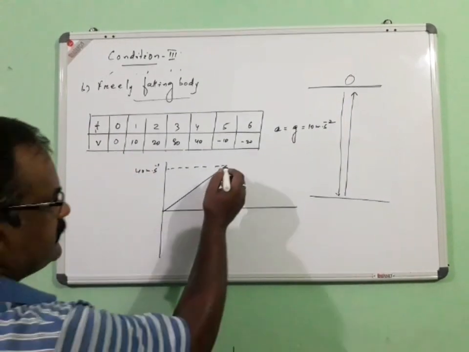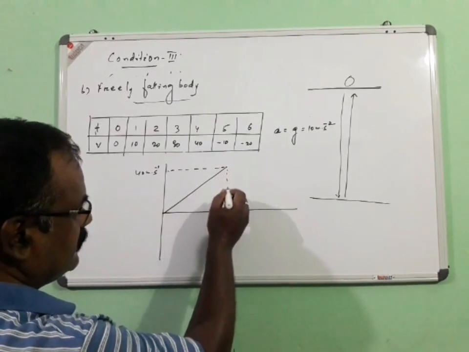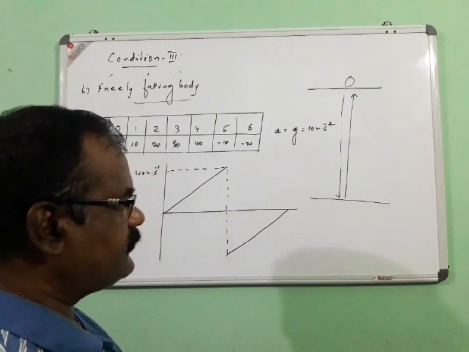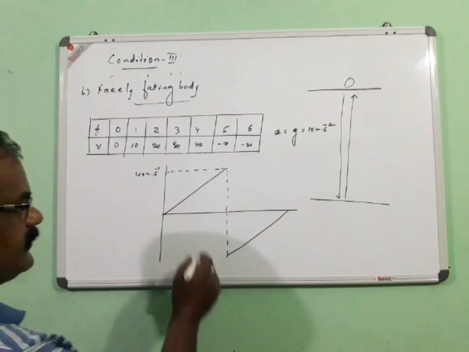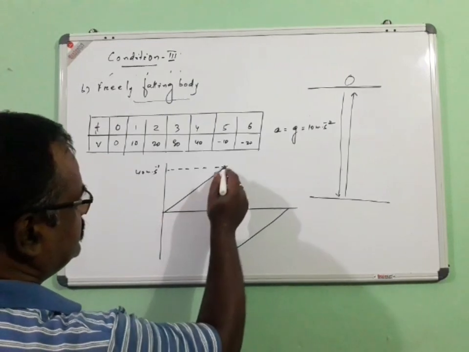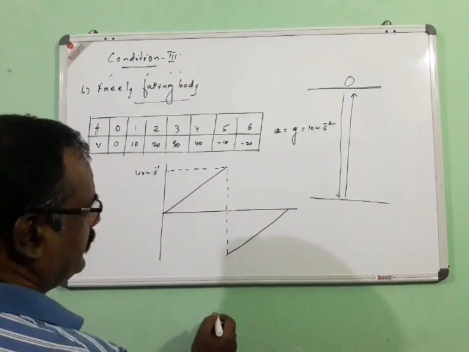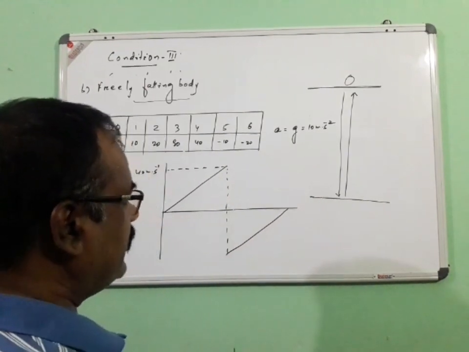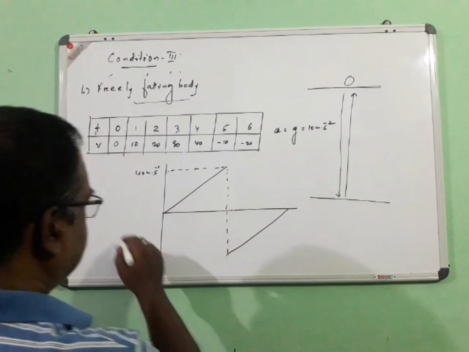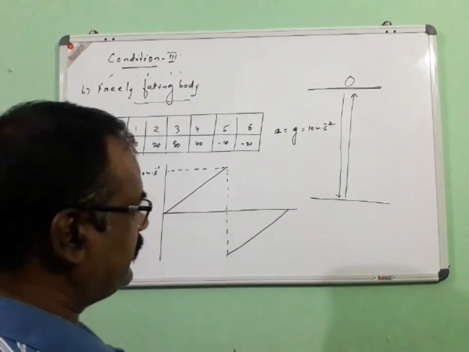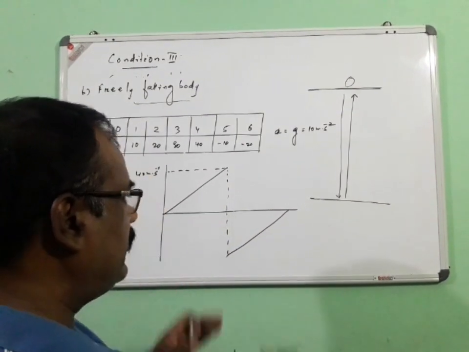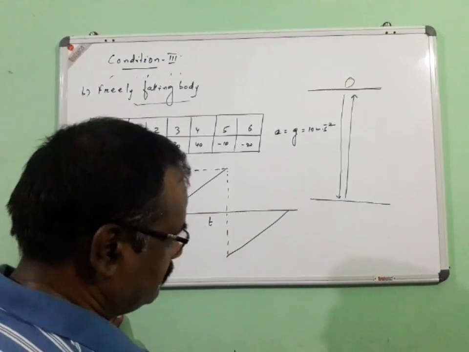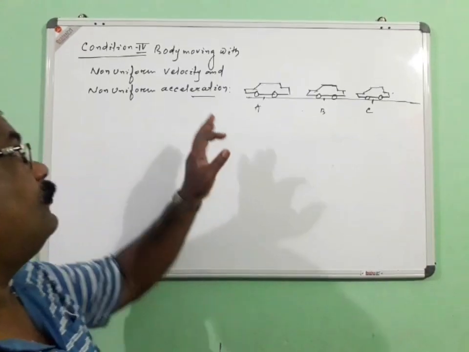So we get a graph which is first increasing, and then suddenly at that moment it strikes and again goes on increasing. So we will be getting a graph likewise. So these are some of the special conditions where we get some very typical graphs in the velocity versus time graph.